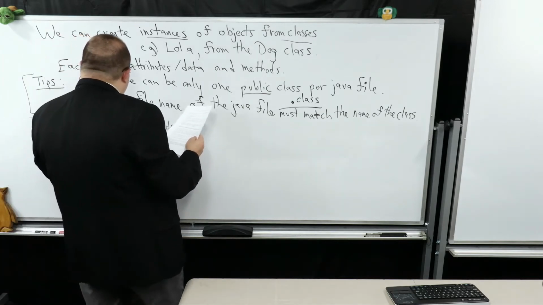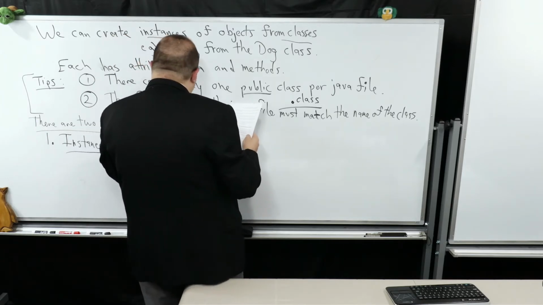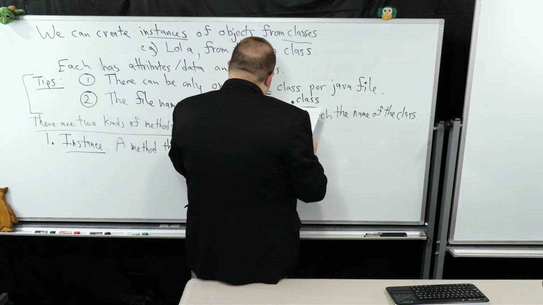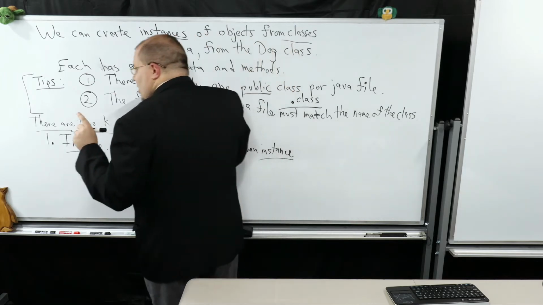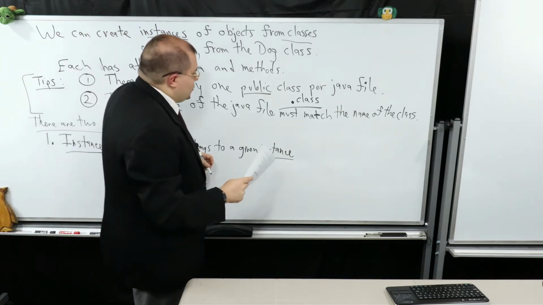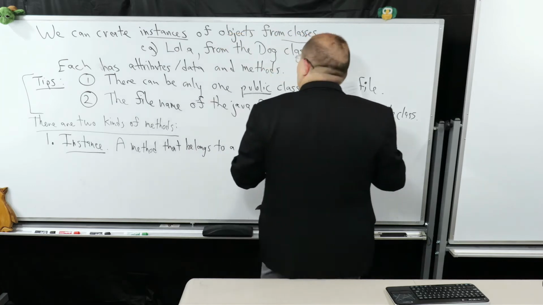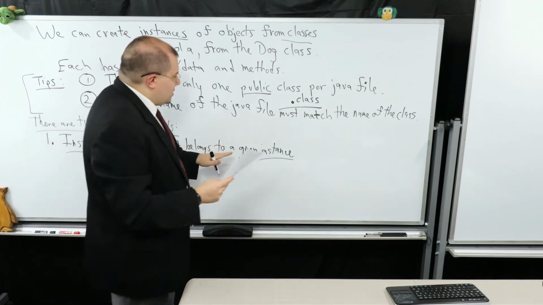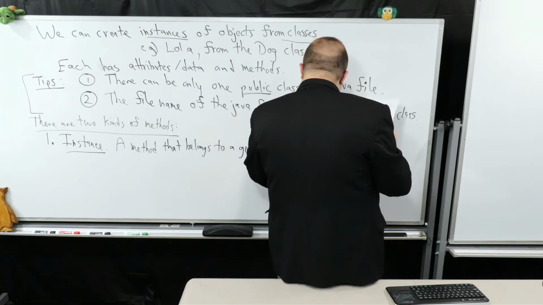So they're a method that belongs to a given instance. Remember, when I say instance, I'm referring to not just dog, I'm referring to Lola the dog. So this would belong to Lola if I created Lola from the dog. Like I created a dog object and the dog was Lola. So this belongs to a given instance of a class.